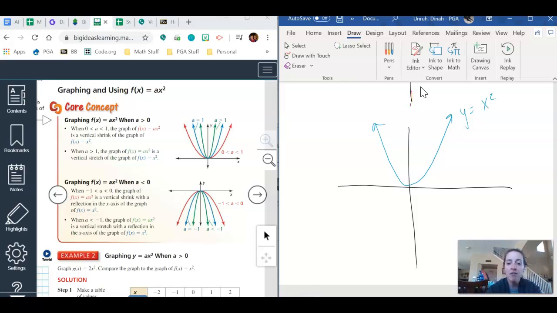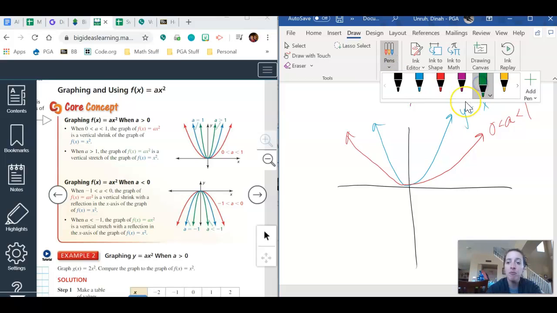If I have an a value, some number in front of that x squared, and that a value is a fraction or a decimal, it's going to look more like this. It's going to be shorter and fatter. So this is where 0 is less than a, which is less than 1. So a is some fraction or decimal. You'll see we're not talking negatives yet, but it's going to be shorter and fatter.